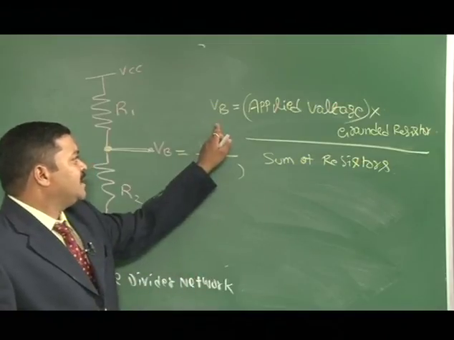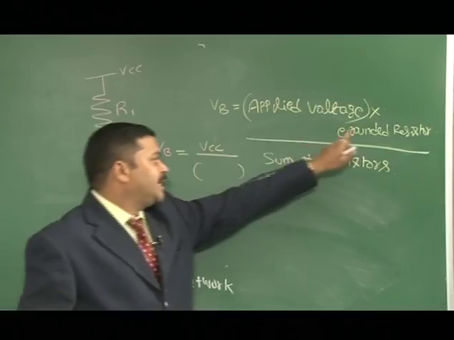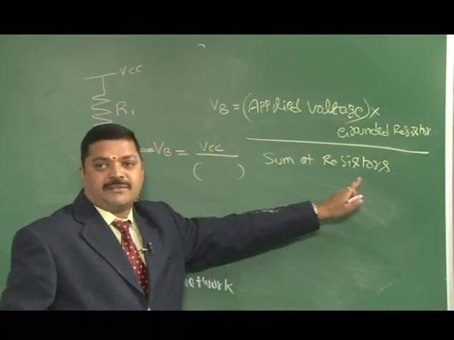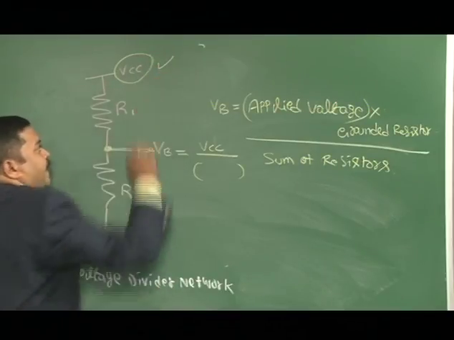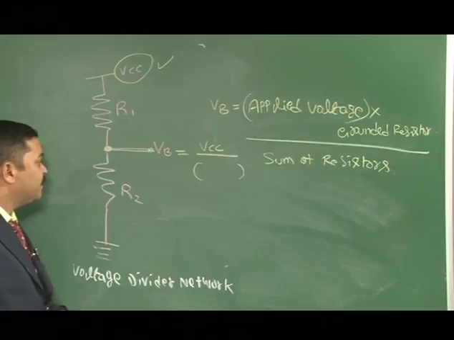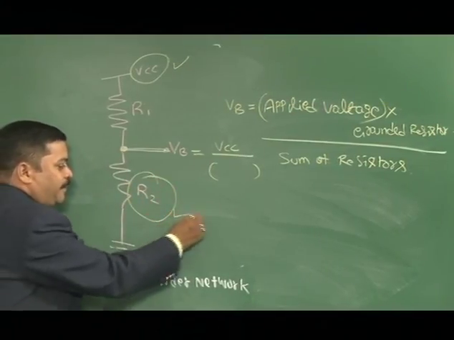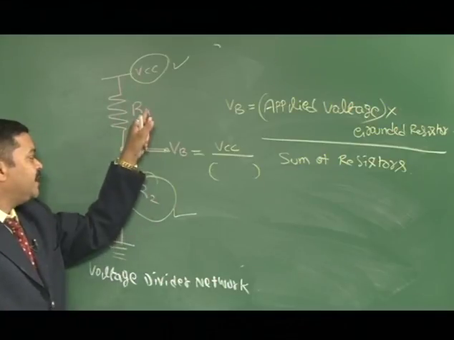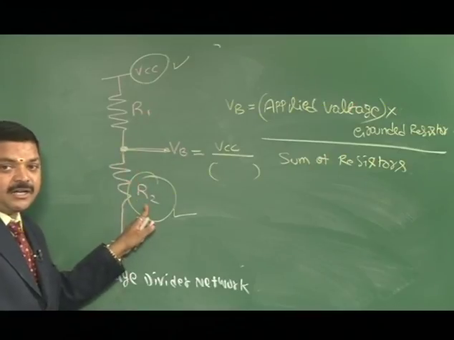So, VB is given by a simple formula here: applied voltage multiplied by grounded resistor divided by sum of resistors. Here the applied voltage is VCC and the grounded resistance is R2. These two we need to multiply, and we have to divide that multiplied value by the sum of R1 and R2.